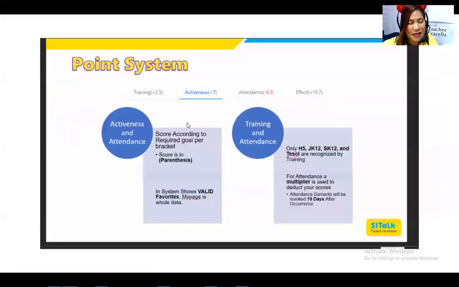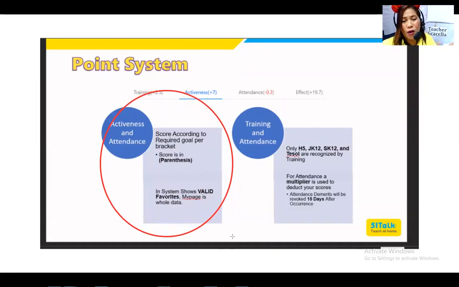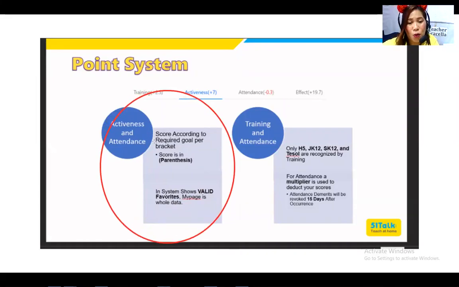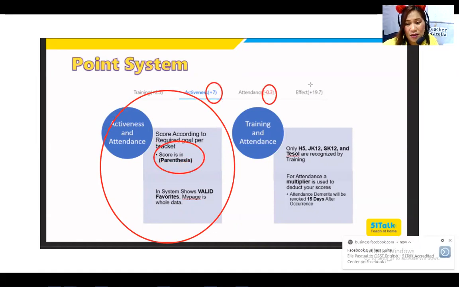Next one. Let's talk about the pointing system. Here, we're going to talk about the activeness and attendance score according to required goal per bracket. This is the score in parentheses. You can see here, I'm already putting up 19.7.